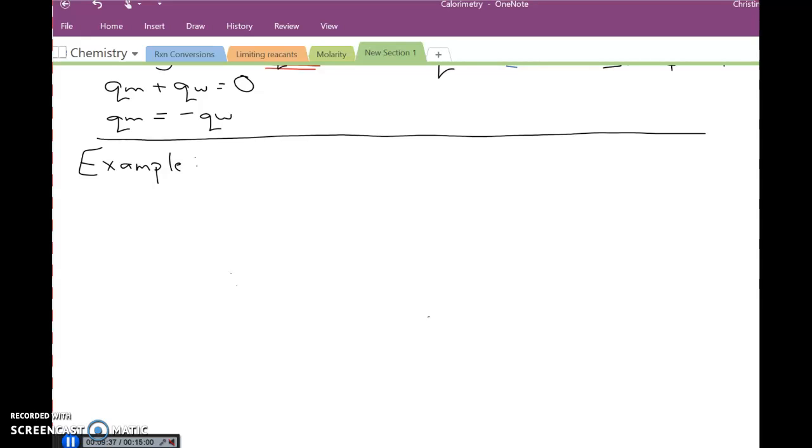Okay, we need a diagram. So, we have a little coffee calorimeter here. And we are going to put some water in there.